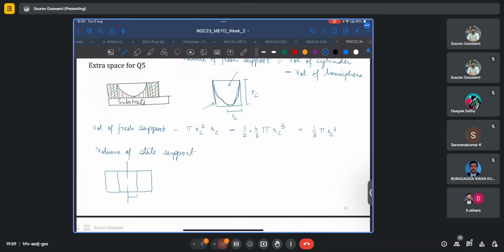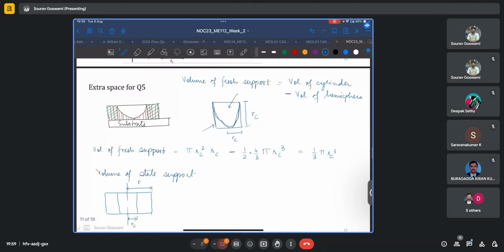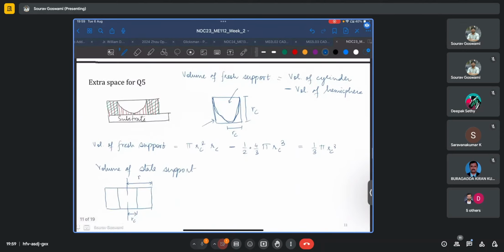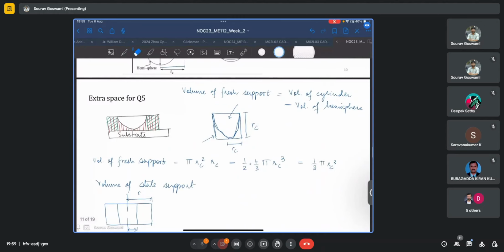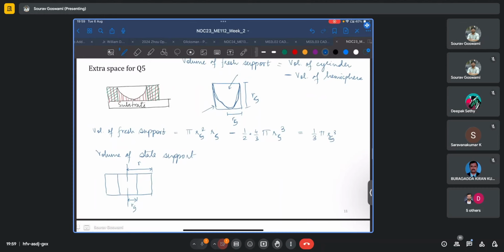This distance is RC. This distance, oh, sorry, I guess I interchanged RC and RS. So all of these are in fact RS, or the radius of the sphere. This distance is RS, and this one is RC.